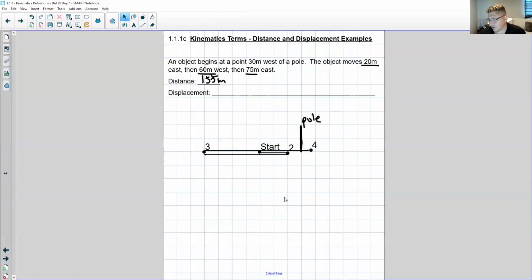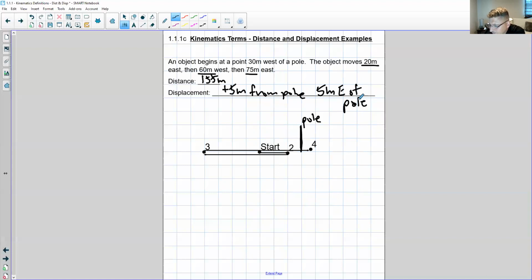And we can see that our final displacement, the point where we end up, is, well, where is it? Right, it's right here. So what is that point? Right, that's the question. So there's a couple of ways we can say this. We could either say we're plus 5 meters from the pole, or you could say 5 meters east of the pole.